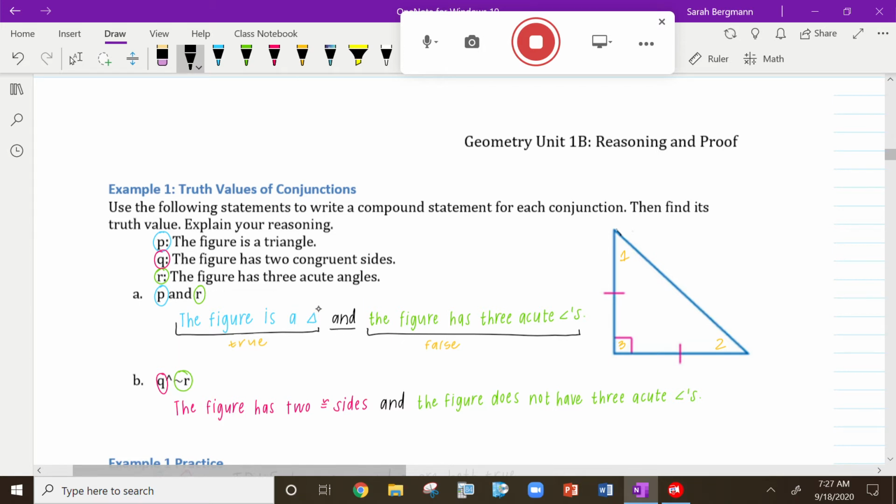So since this is a conjunction, I have to say that this is overall false, because in order for a conjunction to be true, both of these statements would have to be true. And it said explain your reasoning, so I'll say false because R is false. You don't need to write out the entire statement here. You can just give the name of the statement.